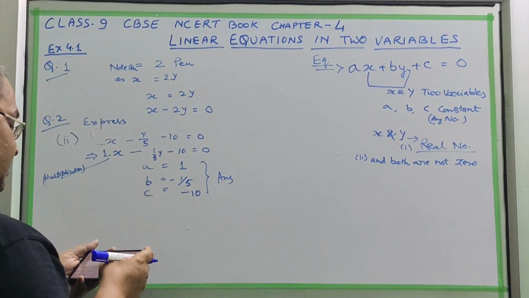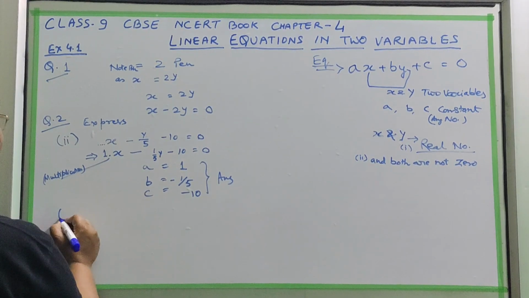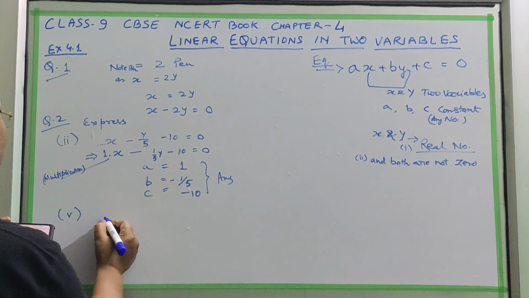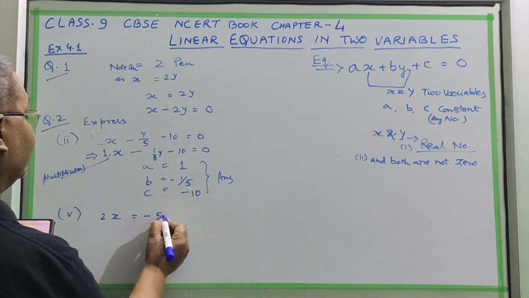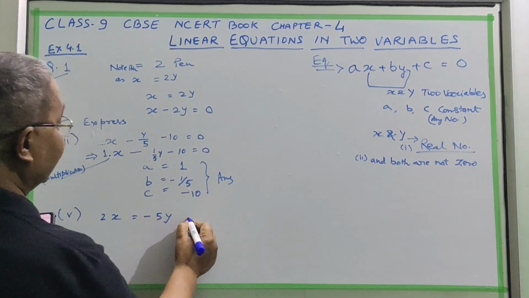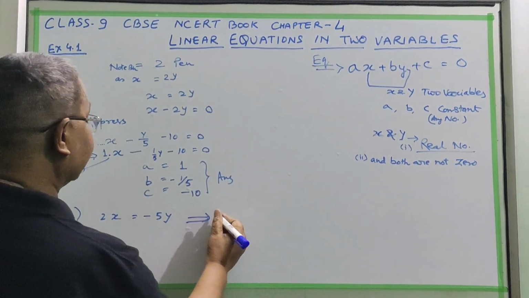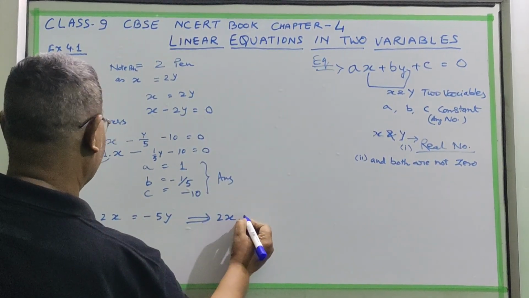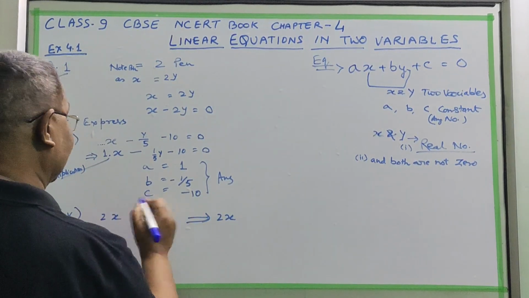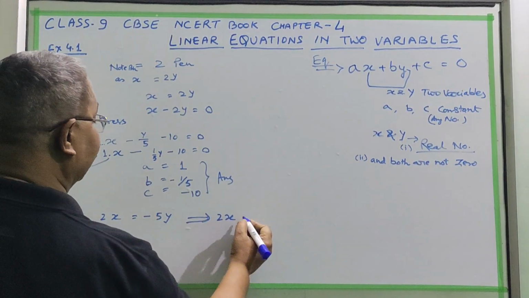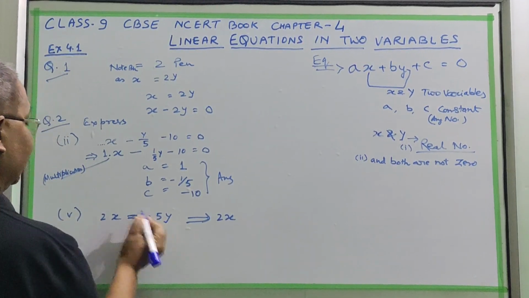Okay. Now question number 2 and sub question 5 we are taking: 2x is equal to minus 5y. First you have to convert it into ax plus by plus c. So ax is given, 2x plus by. This we will bring to the other side, from the right hand side to the left hand side.